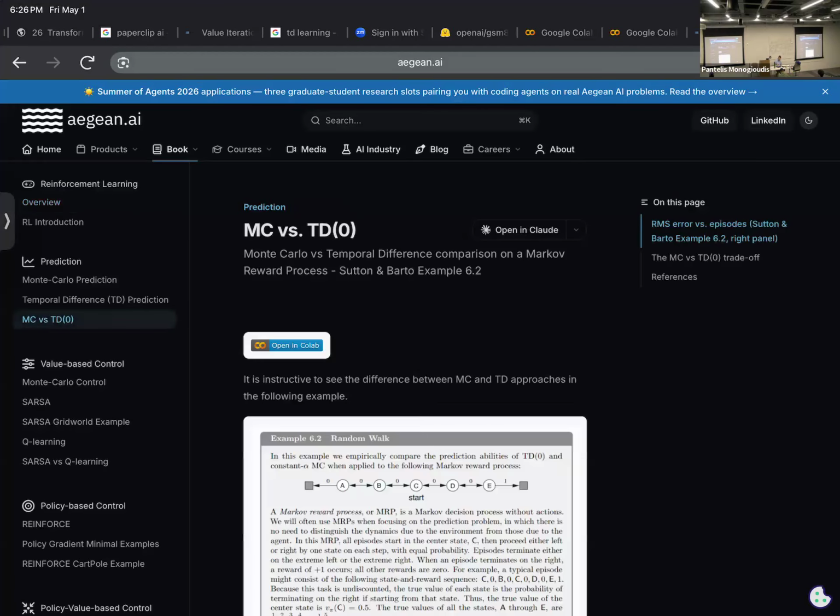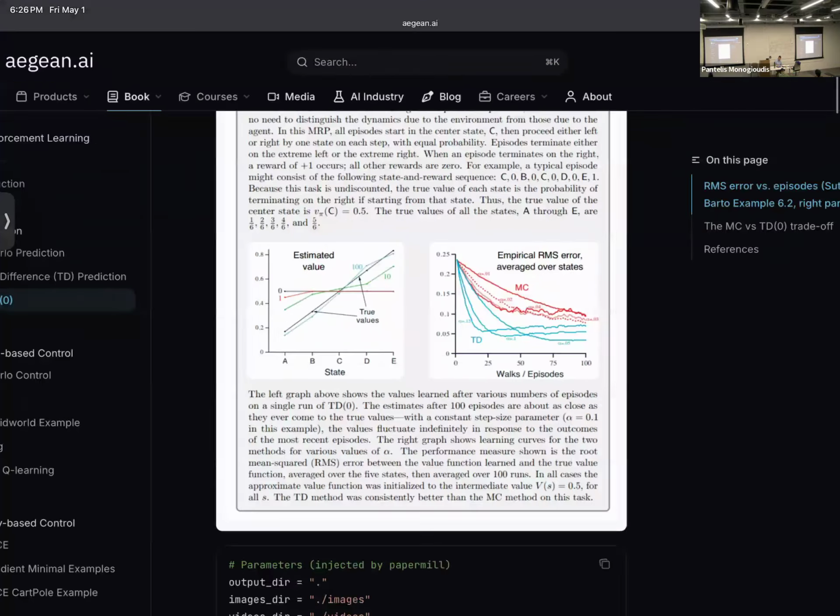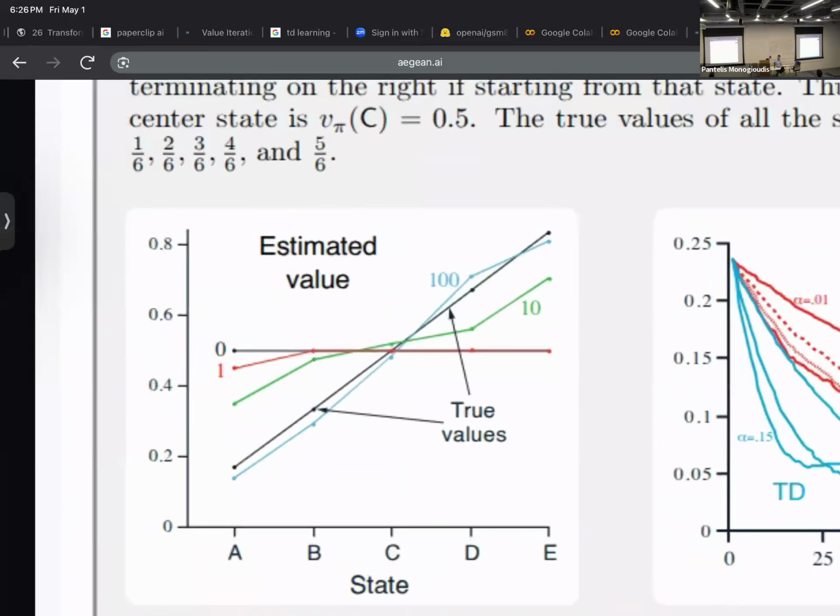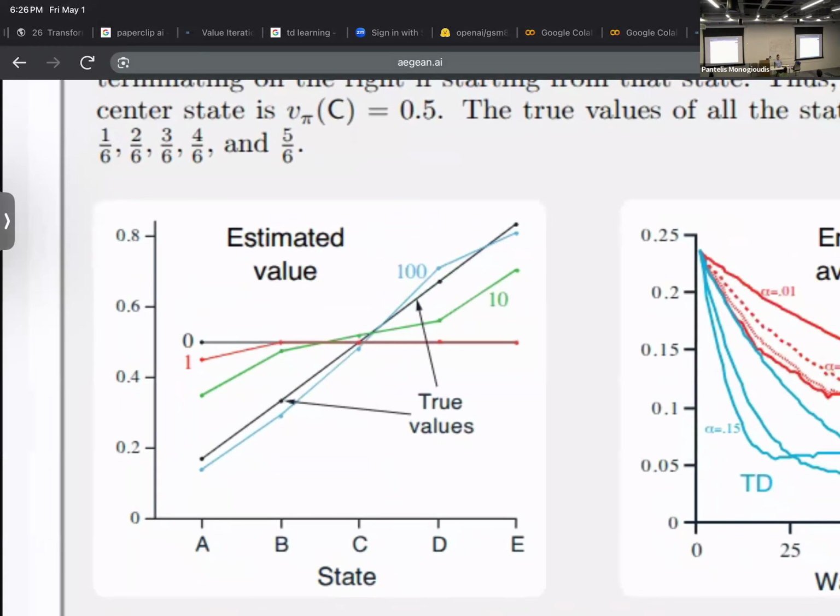Look, the true values are a dynamic programming solution. We had all the information we needed for this dynamic programming solution to be calculated in this very simple, trivial problem. So this is a straight line, from 1/6 all the way to 5/6 as a function of the state.